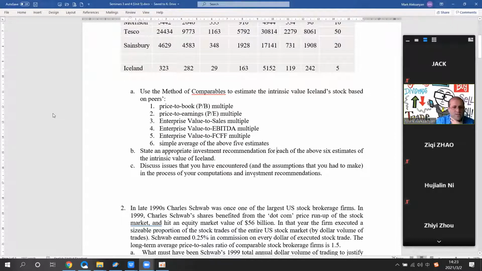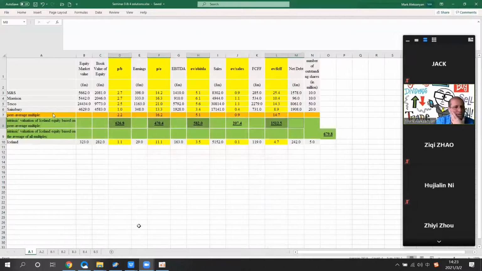But the issue is, what kind of issue do we encounter in this process? Which is part C of this question. Well, the kind of issue we encounter is that if we were to choose to use just the EV to sales multiple, or if we believe for this sector or for this sort of company the EV to sales multiple is better, well, then the output result will be completely opposite, right?